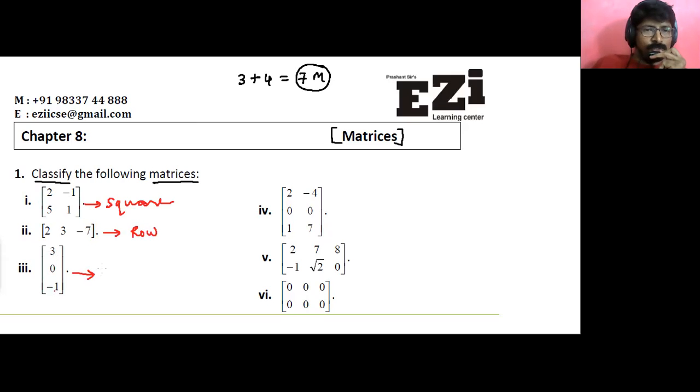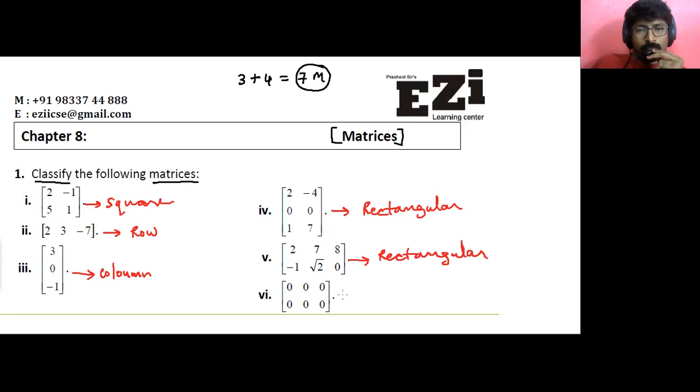There is only one column, so it is called a column matrix. And this? There are three rows and two columns, so this is called a rectangular matrix. Why? Because the number of rows and number of columns are not the same. Even this would be a rectangular matrix.